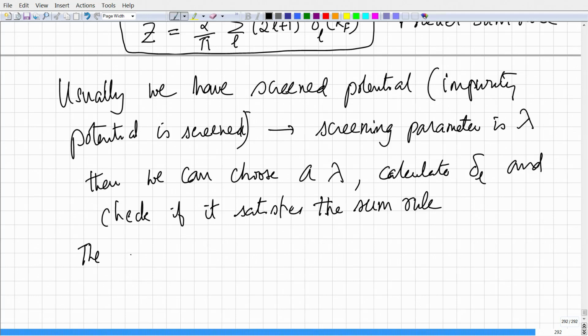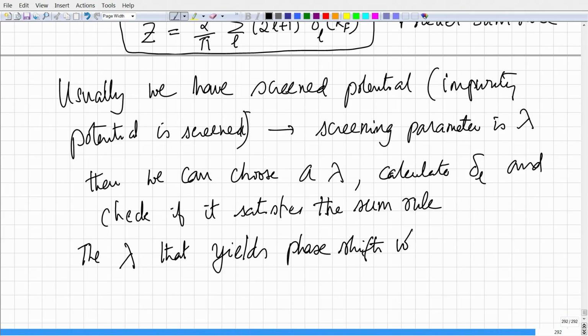The lambda that yields phase shifts which satisfy the sum rule is the screening constant.